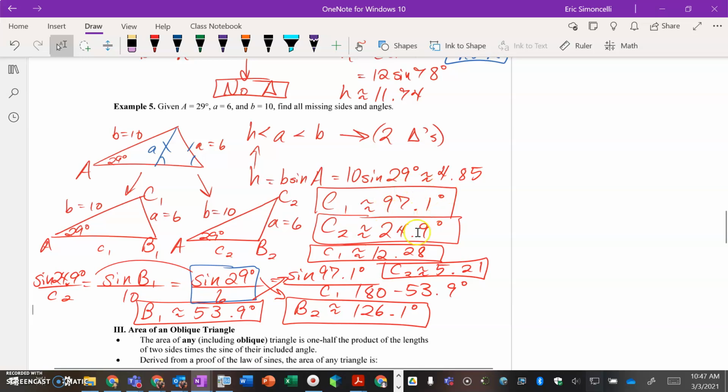Using the decimal appropriately, and then of course here when you cross multiply, I'll leave that math up to you, but you should end up in cross multiplication with the final value such that c sub 1, and look at the picture, c sub 1 is bigger than c sub 2. So your final answer for that particular side is 12.28.